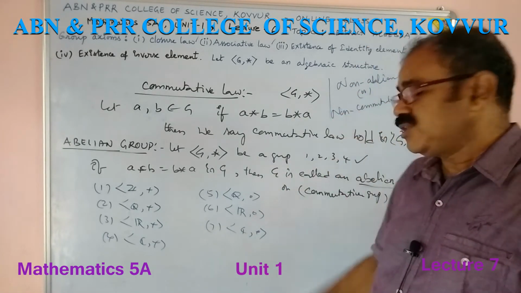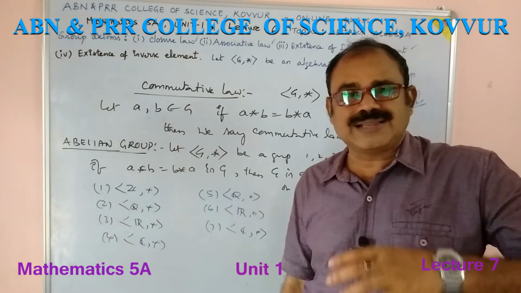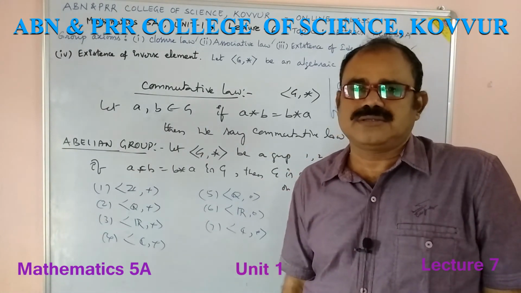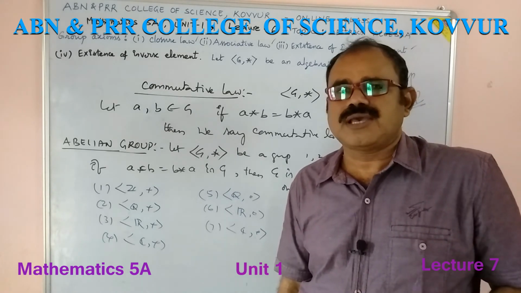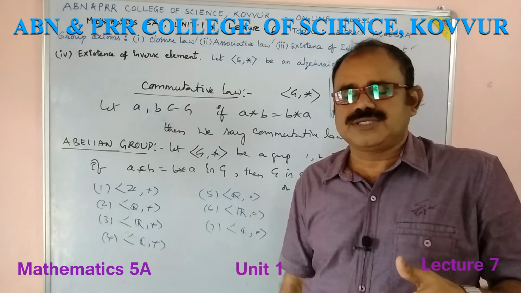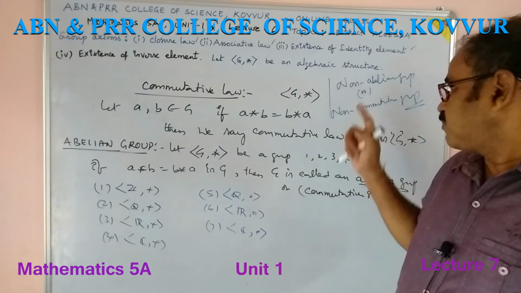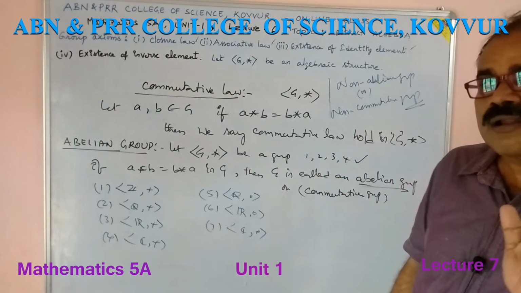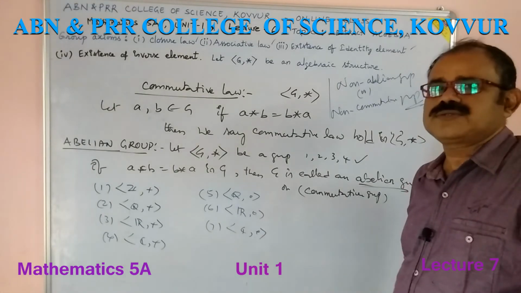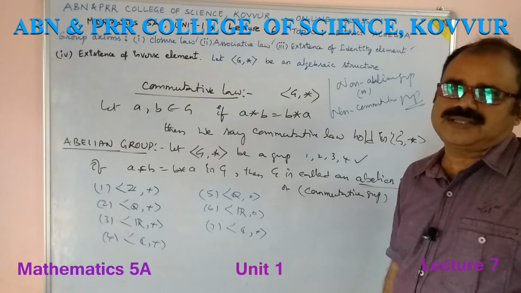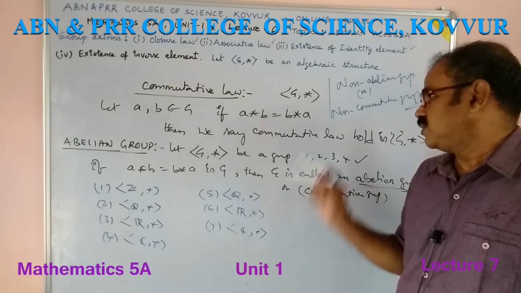The non-abelian and non-commutative group we can connect when we discuss rings, different examples of rings, abelian rings, commutative rings, like that. In that particular example there should be non-abelian or non-commutative groups. So, we can cover it easily when we go for ring theory.